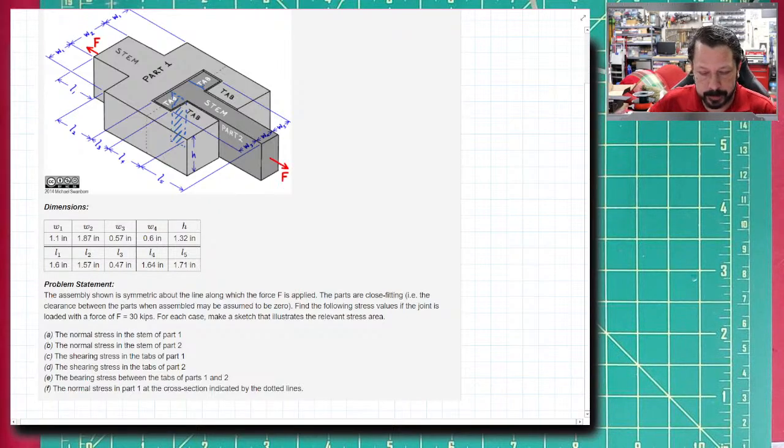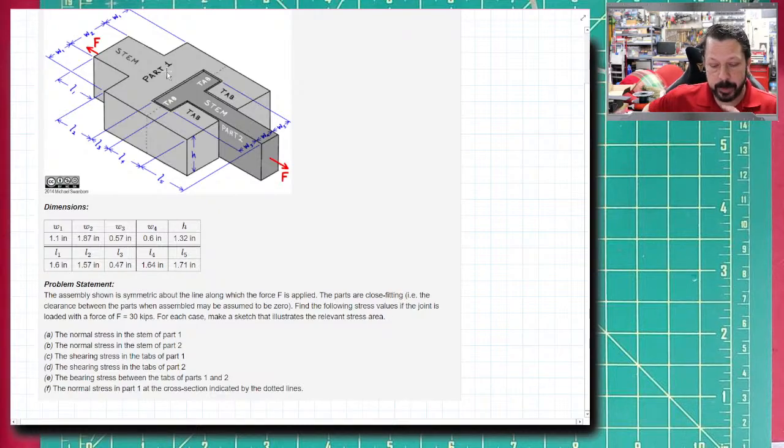Both tabs would have to fail. So it'd be the same thing, 30,000 pounds over an area that's H tall, 1.32 inches, times L3 wide, 0.47 inches. So it would just be 30,000 divided by 2 areas of 0.47 times 1.32 inches squared. So that's all that would be.